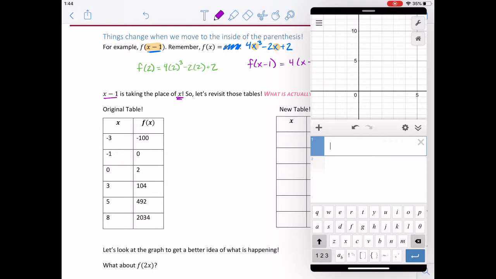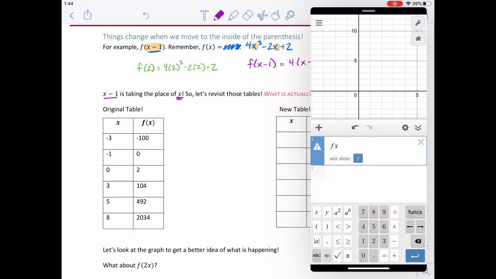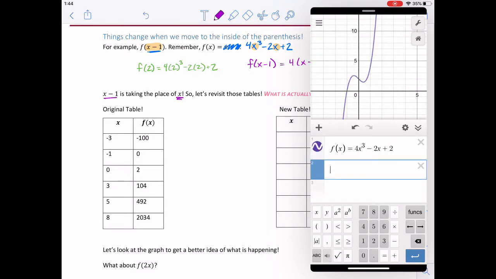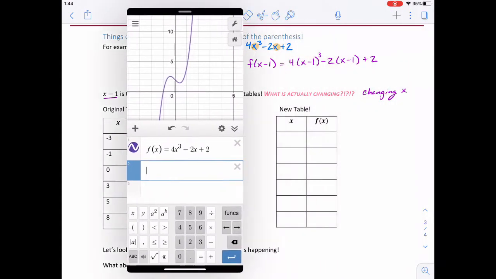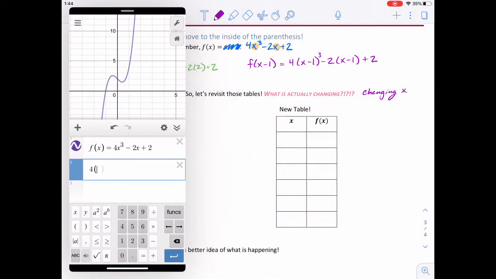So we'll do f of x, which is 4x cubed minus 2x plus 2. So it's our original function. And then our new function, which is 4(x minus 1) cubed minus 2(x minus 1) plus 2.